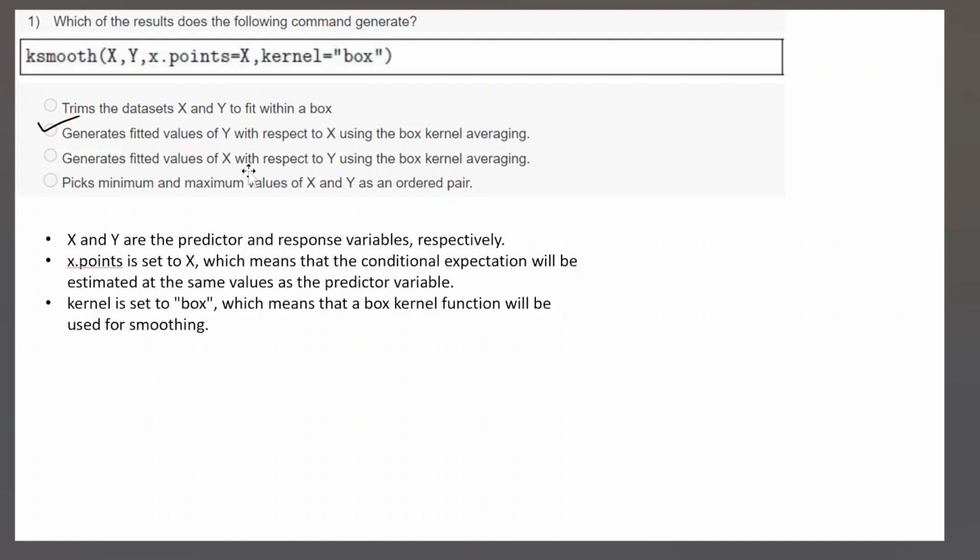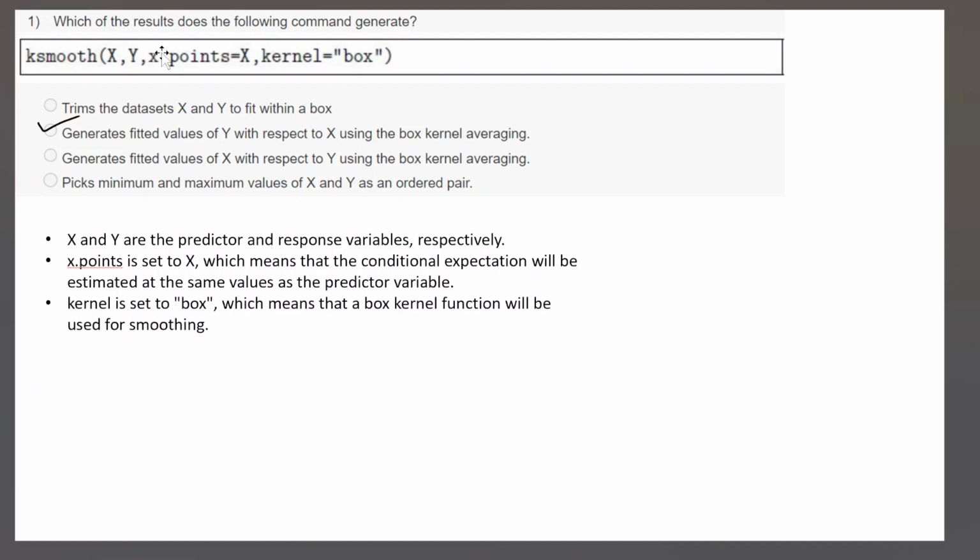They generate better values with respect to it, but we are given the X points to be fixed, so it is just going to fit the value of Y with respect to X. X and Y are the predictor and response variables. The x.points set to x means that the conditional expectation will be estimated at the same values as the predictor matrix.